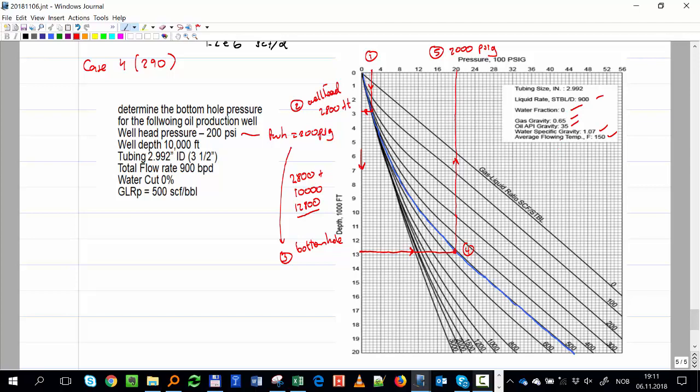If you change the properties, you have a different fluid, you have a different water cut, it doesn't work. But you have to know how to use it. Probably for the exam, you're going to get a similar exercise using these curves. So you have to practice and train. Just try to do by yourself this exercise we have done in class.